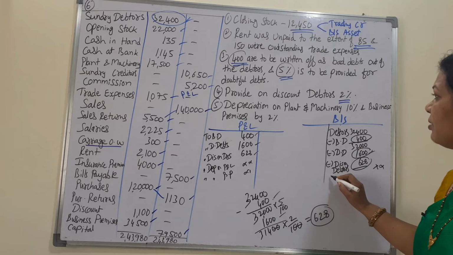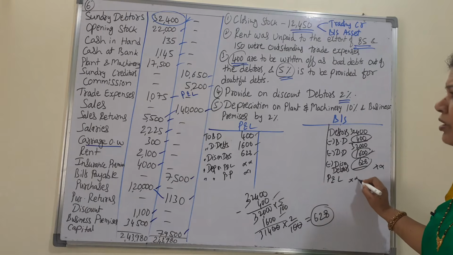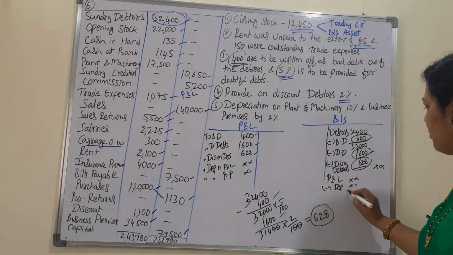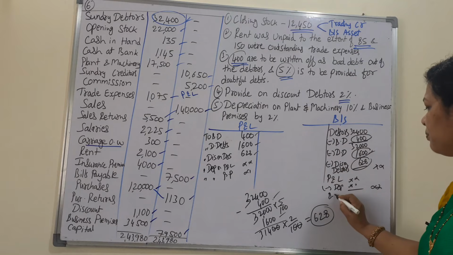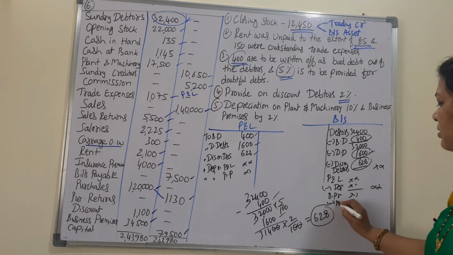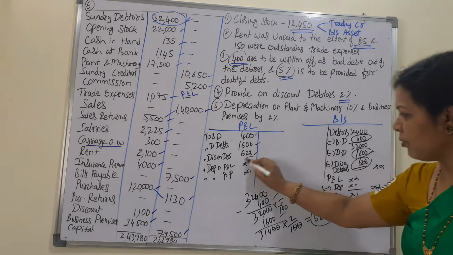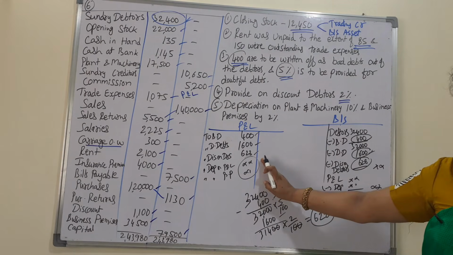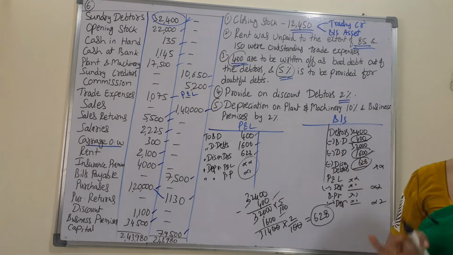Plant and machinery amount in the inner column, whatever it may be, minus depreciation, and the amount will be in the outer column. In the same way, business premises amount in the inner column minus depreciation, outer column. Deduct it and write it in the outer column. Both are losses. One time depreciation is written on the debit side of the P&L account, and another time in the balance sheet deduct from the concerned asset. That's all.